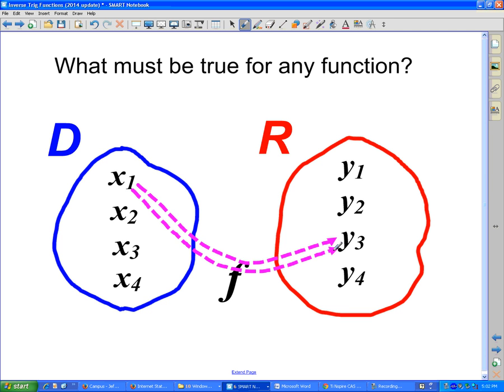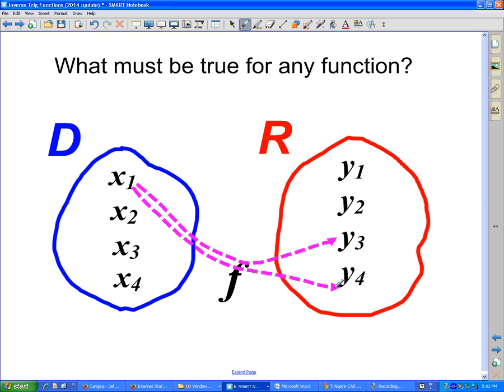That's a function. If for some reason we went back into the function and the same x generated a different y value, this relation just lost its function status. That's illegal for functions.